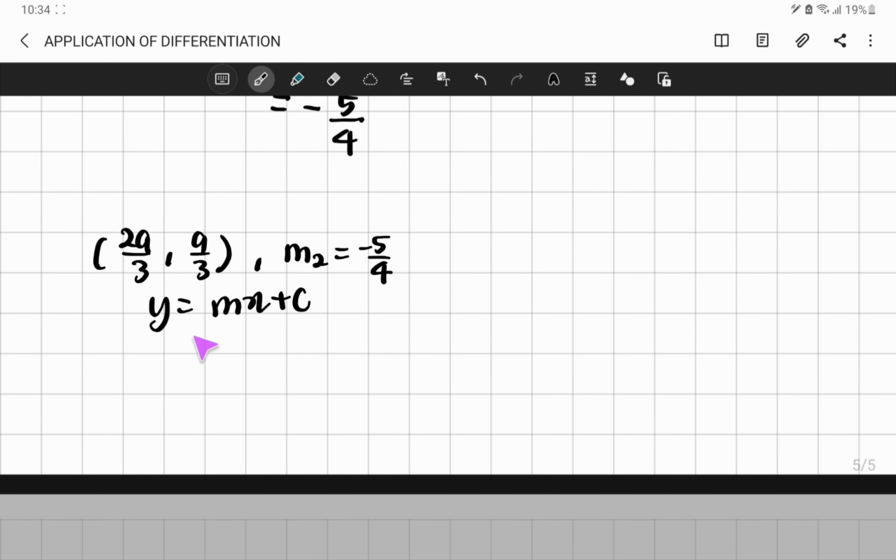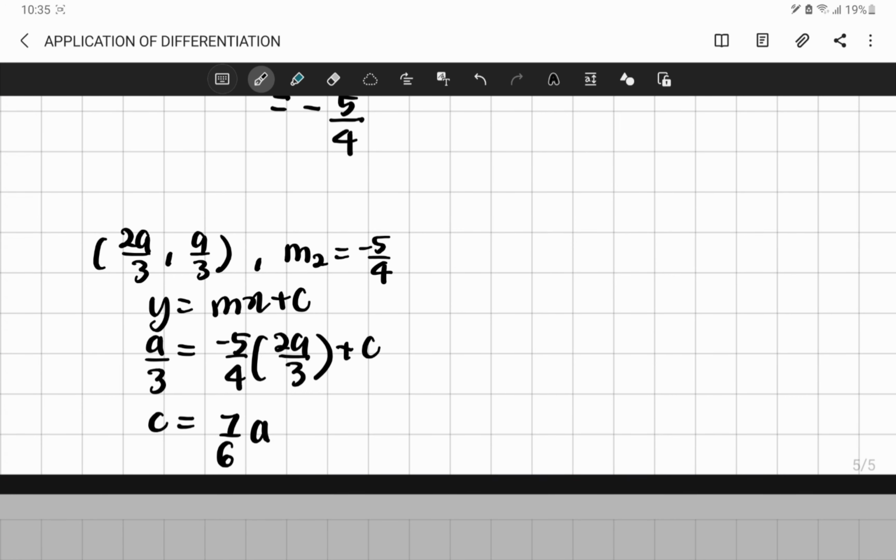Let us substitute the coordinates into y equals mx plus c. We're going to get a over 3 equals m, which is -5 over 4, and x is 2a over 3, plus c. Then let us simplify to find the intercept. We're going to get c is 7a over 6.